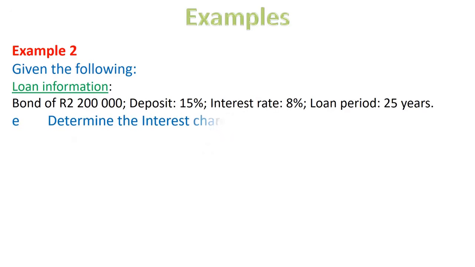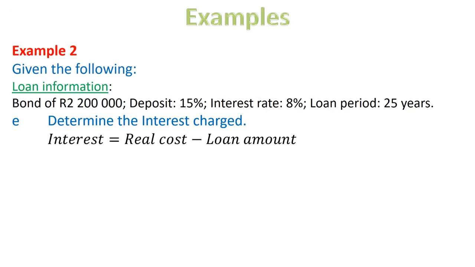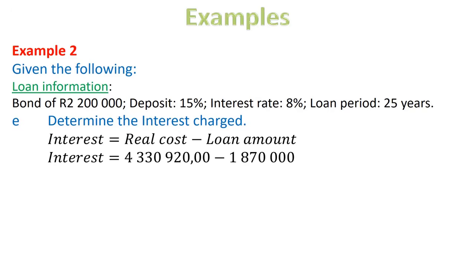E. Determine the interest charged. Okay, again we remember our formula. My interest equals my real cost minus my loan amount. So interest equals my real cost, which we've just worked out to be 4,330,920, minus my loan amount, which we worked out previously to be 1.87 million.